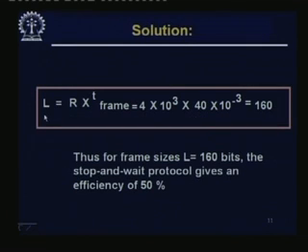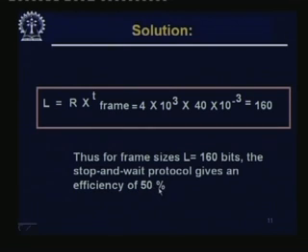So, the length of the frame is equal to R, the rate at which we are pumping data, into t frame, which is 4 into 10 to the power 3 into 40, and this 40 is in milliseconds, so into 10 to the power minus 3. This 10 to the power 3 and minus 3 cancel. So, we get 160 bits. Thus, for frame size L equal to 160 bits, the stop and wait protocol gives an efficiency of 50%.